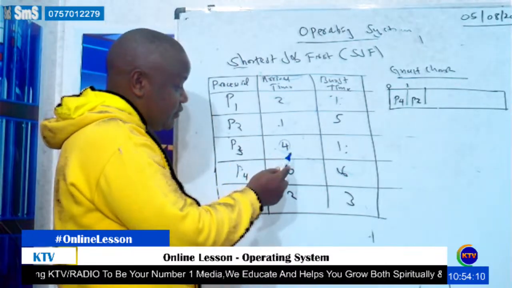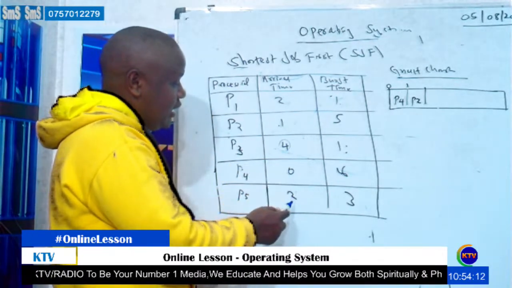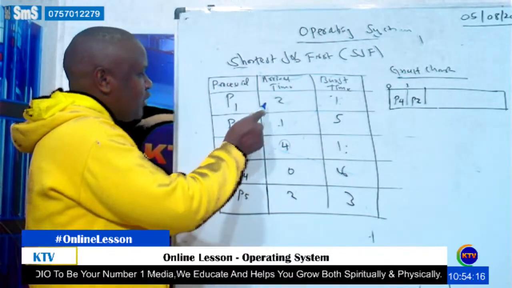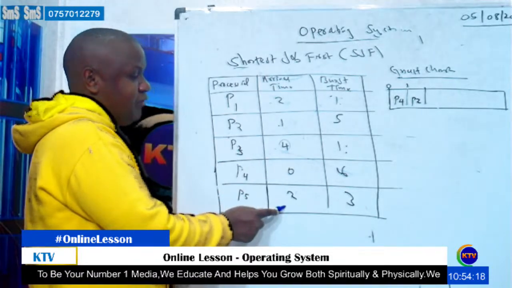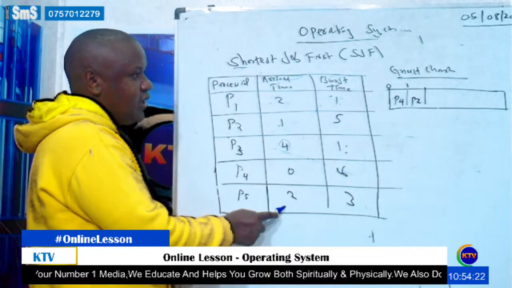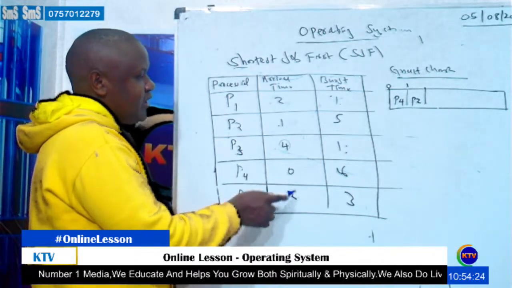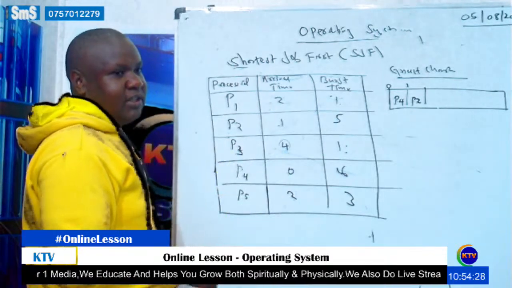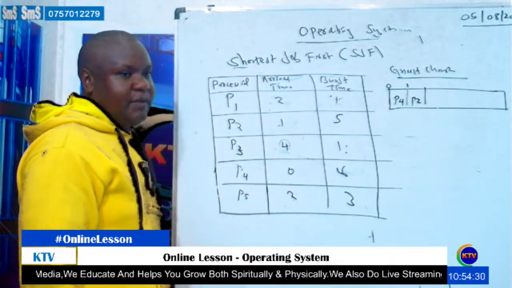but it arrived at this time. So process 1 and process 5 arrived at the same time, but at the time it arrived, this one will be given priority because it has less past time.